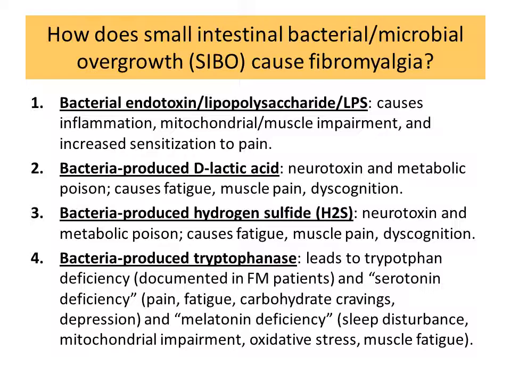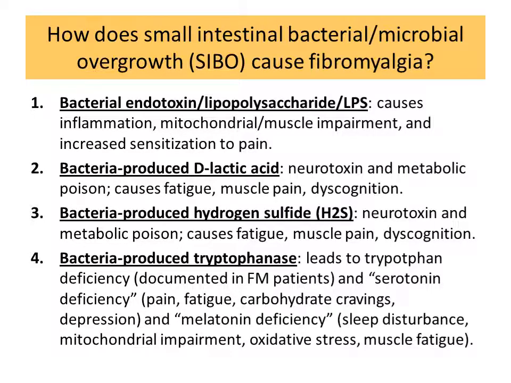In higher amounts, as I mentioned before, it can cause severe confusion and ultimately death. But I believe that these patients, and a lot of patients, are exposed to chronic low-dose D-lactic acidosis from bacteria in their intestines. And this has been documented. There was a study published in 2009 that actually documented this phenomenon in patients with chronic fatigue syndrome.